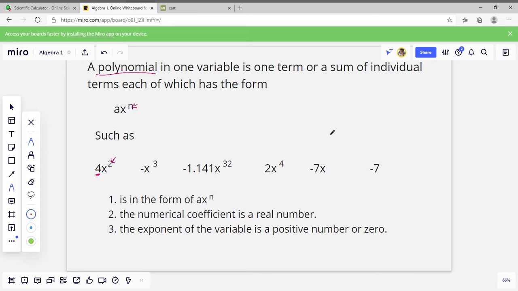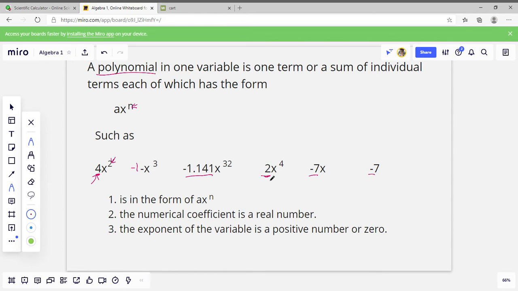The numerical coefficient has to be a real number. In this one, it's a real number because it's really -1. This one is a real number, this one is, this -7 is a real number, and that -7 is a real number. The exponent of the variable is a positive number or 0.